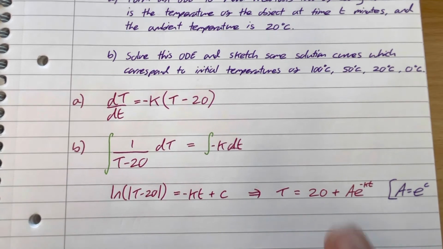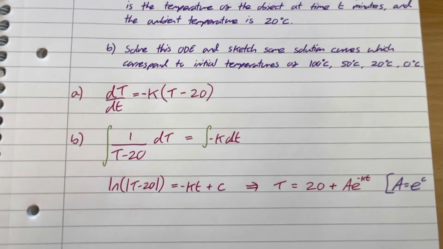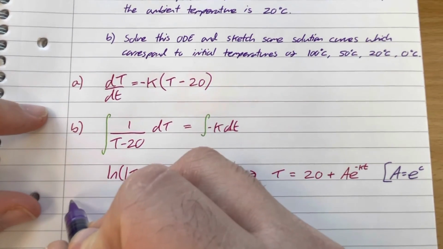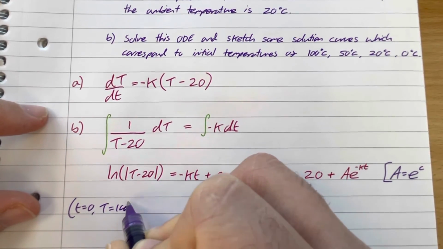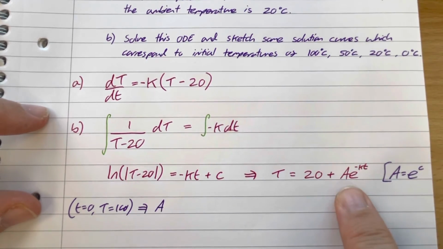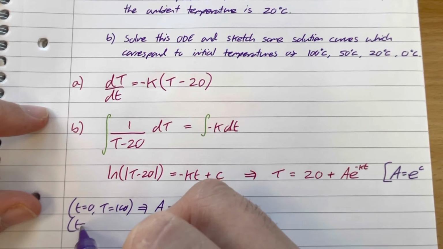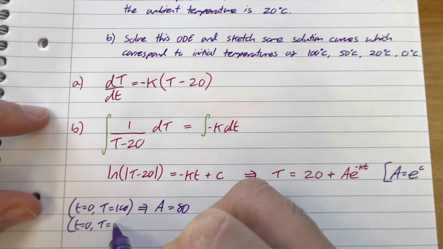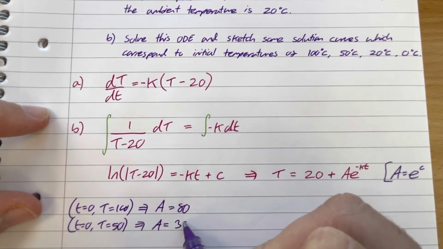Okay, and then we also want to sketch solution curves to this for different initial temperatures. So when t equals 0 and capital T equals 100, that tells us that our arbitrary constant, A, is going to be 80. When t equals 0 and capital T is 50, that tells me that my arbitrary constant is going to be 30.